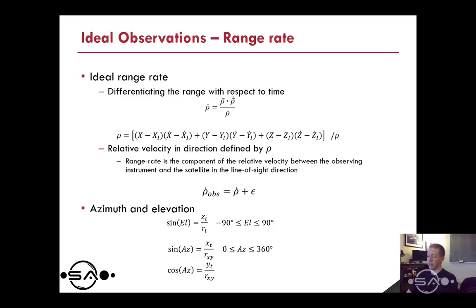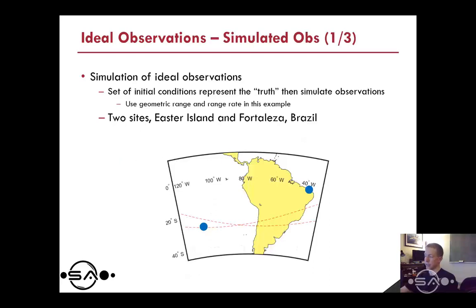So azimuth and elevation, right? So that x_t and those r_t's, you should know what that subscript t is, or at least have an idea of what it's indicating. It's topocentric, right? So as we go to our ground stations here, the topocentric frame is at those two ground stations, which we'll get to in just a sec.